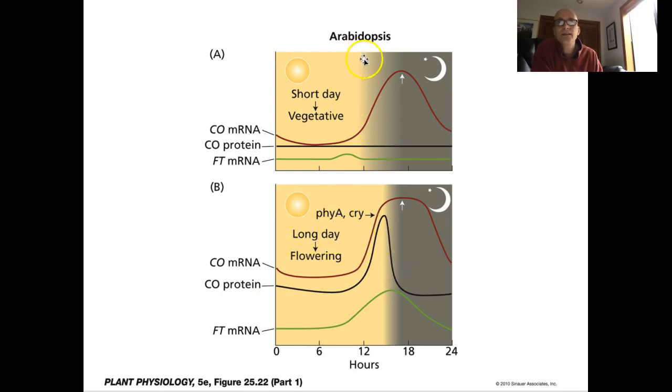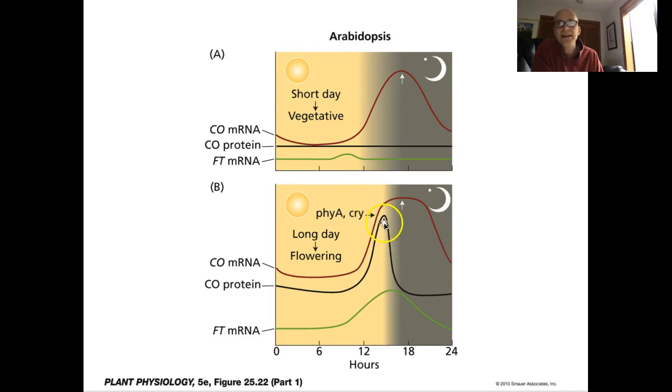So you see that here, night starts around here, and over here, night starts much later. The critical number of hours of transcription of Constans mRNA was required for, at some point several hours in, also acquiring Constans protein.